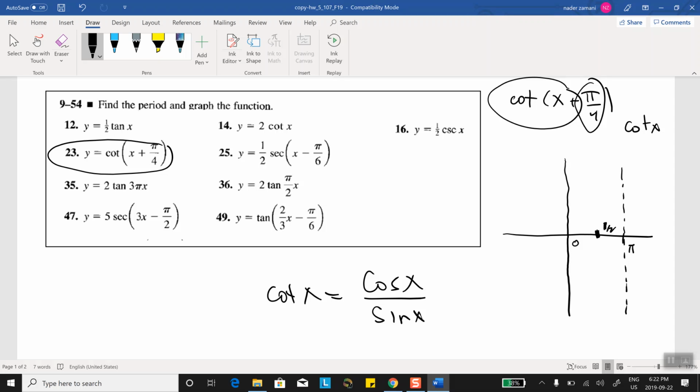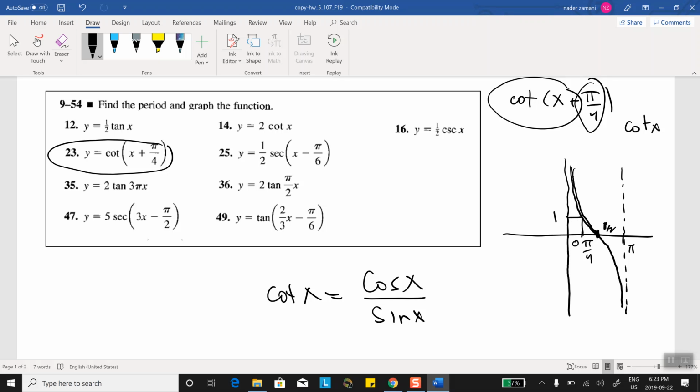And if you pick another value, for example, just hypothetically pi over 4, cotangent has a value 1, so does tangent, of course. Therefore, it's a positive value. So it goes like this. This is the graph of cotangent. And this height, incidentally, is 1. At pi over 4, we have height 1.